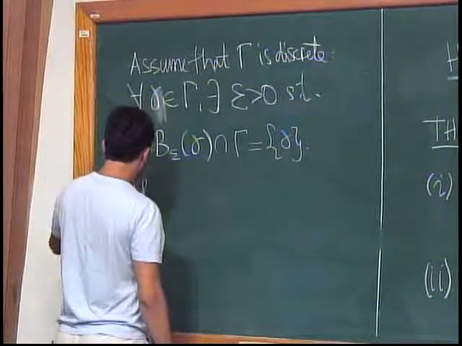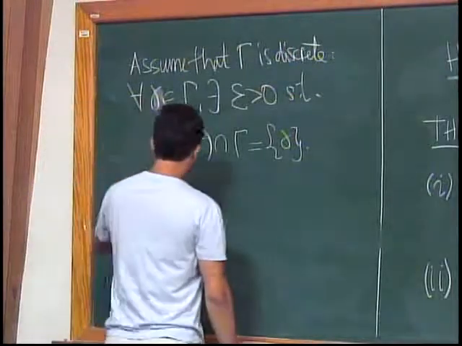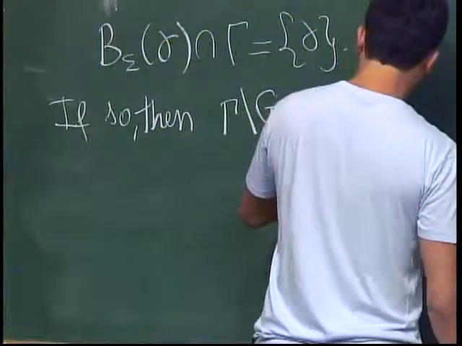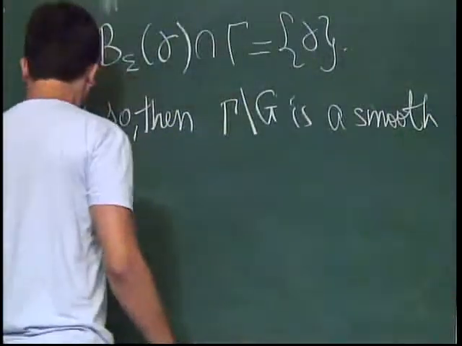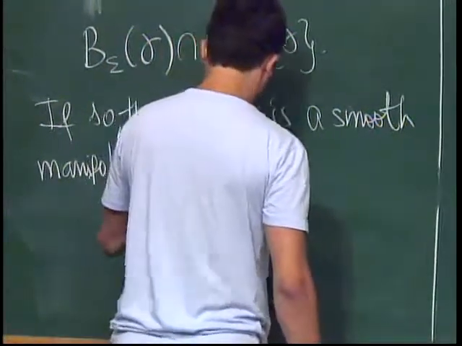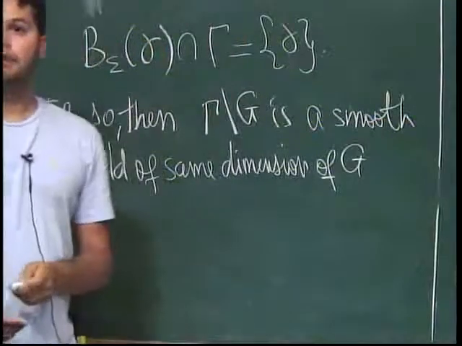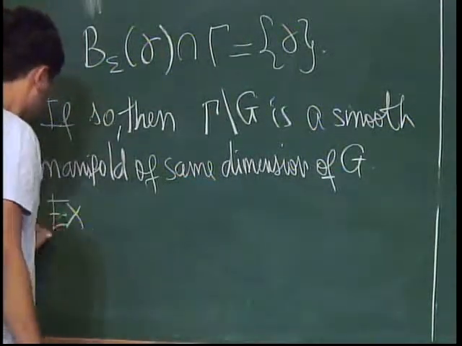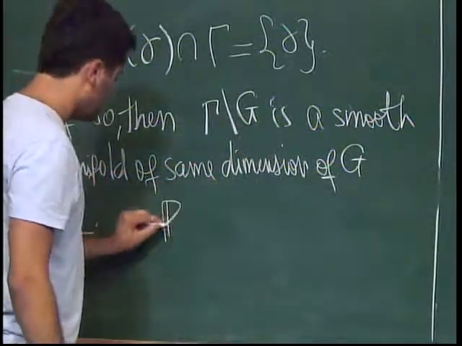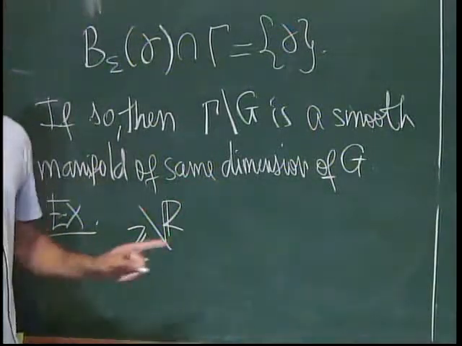And whenever you have a quotient of G by a discrete subgroup, the quotient is a smooth manifold of the same dimension as G. For example, you could consider G equal to R, and gamma should be discrete, so you consider gamma equal to Z with the additive structure.